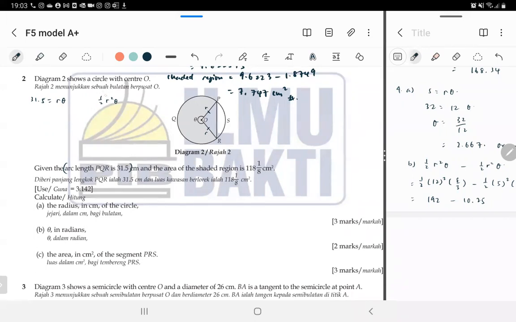Okay. So 1/2 r squared theta minus the triangle, 1/2 ab sine C, will be equal to 118 1/8. Okay, wait, I write at the side. So 1/2 r squared theta minus 1/2 ab, which is actually r squared also, sine C, where C is 180 minus theta, equals 118 1/8.